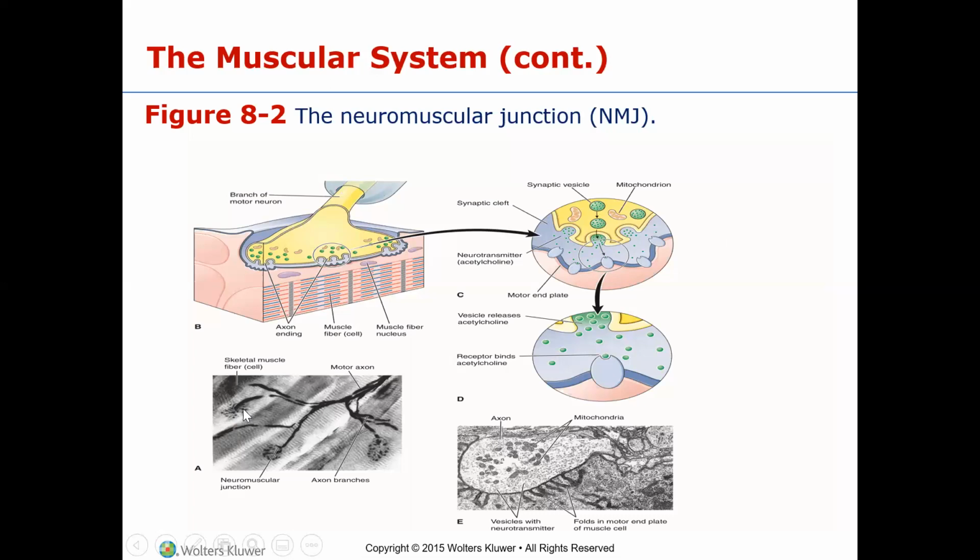And these here on the ends are all of these branches of the neurons, which have the acetylcholine inside of them, inside the vesicles. In the space, they release that acetylcholine between the muscle and the neuron itself, and then the receptors on the muscle pick up that acetylcholine, and it will begin to initiate a contraction.